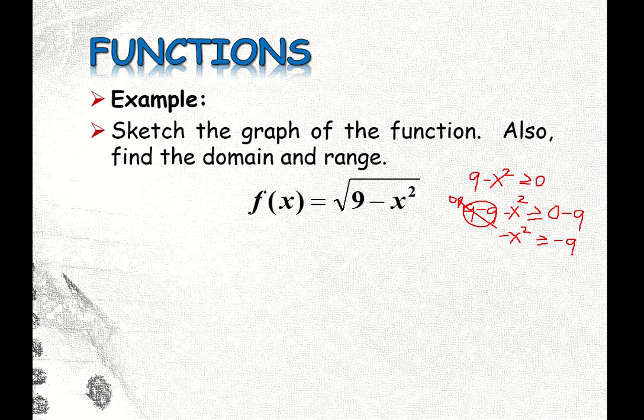All right. And then we have a rule in inequality that if you add or subtract, it won't change the sign of the inequality. But if you multiply or divide by a negative number, it will change the direction of the inequality.